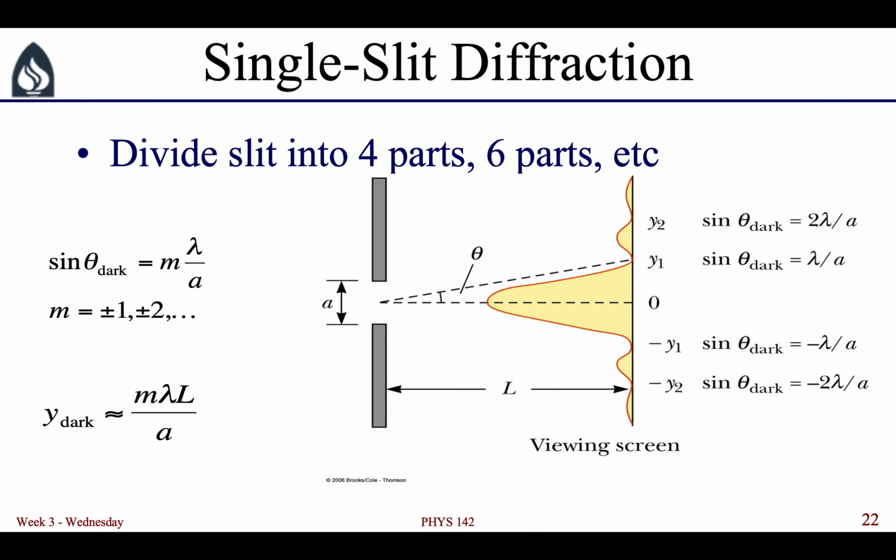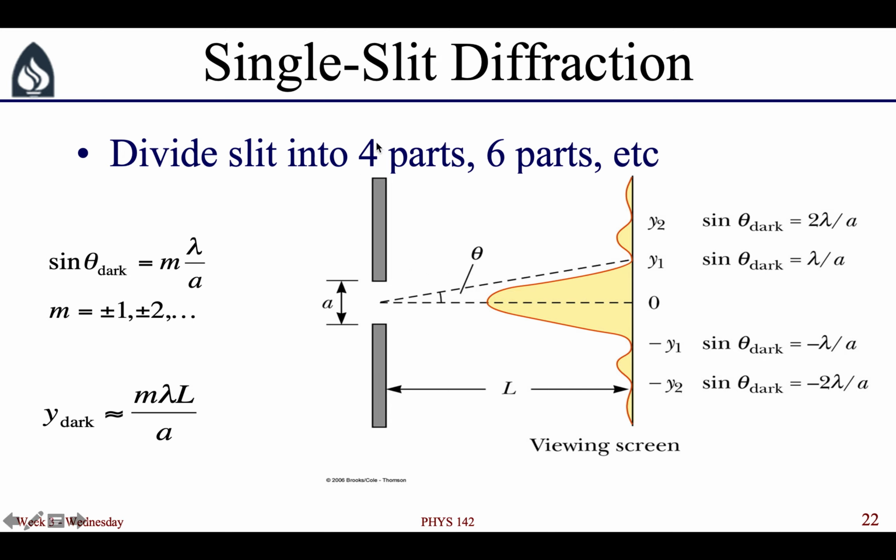But actually, you can divide the slit up into 4 parts, 6 parts, etc., and look at how the light from each of those parts of the slit is coming together and forming either constructive or destructive interference. So in actual fact, you get many dark spots, not just the one coming from the two halves of the slit.